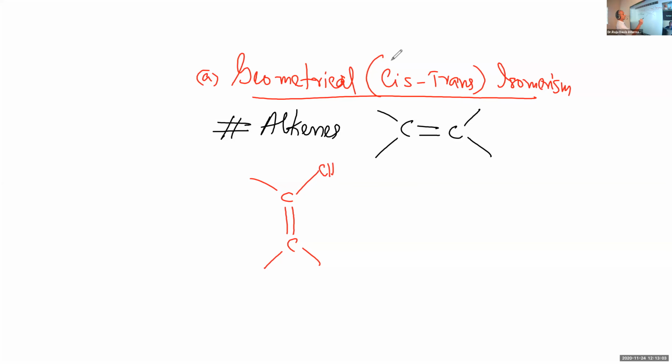Suppose there is a CH3 group here and an H here, and a CH3 group here and an H here. It is a planar molecule, because of the double bond. So what is the structure? CH3, CH, double bond CH, CH3.